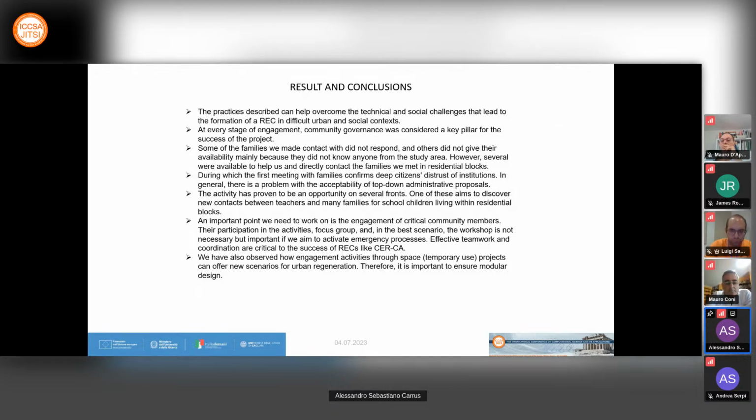In 4 steps, we identify possible practices that could overcome the technical and social challenges linked to the formation of RECs in a difficult residential sector in the city of Cagliari. In each step of engagement, the governance of the community was the fundamental pillar of the project. In this paper, we presented the still ongoing CERCA project, in particular the role of chair within a program that will include 14 new energy projects in the city of Cagliari.